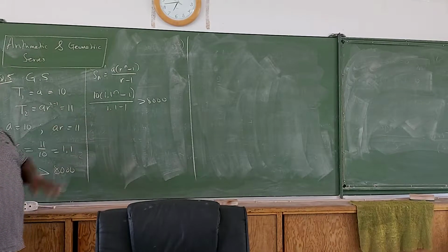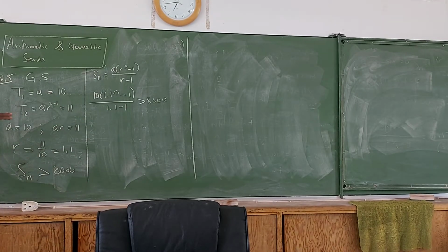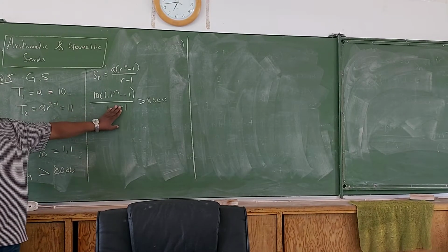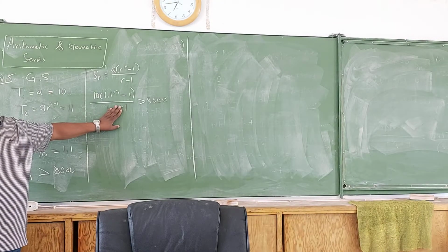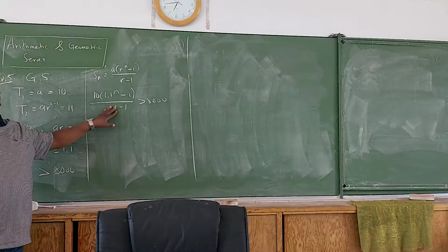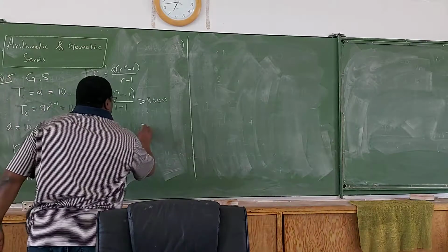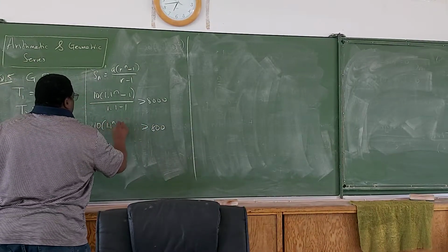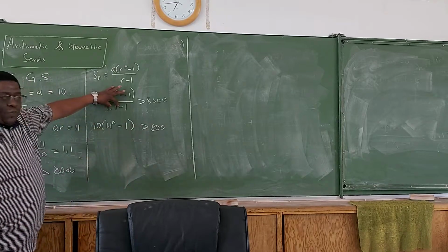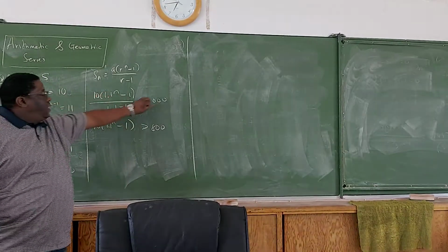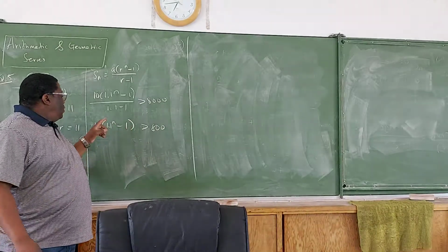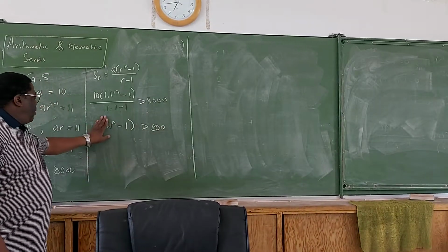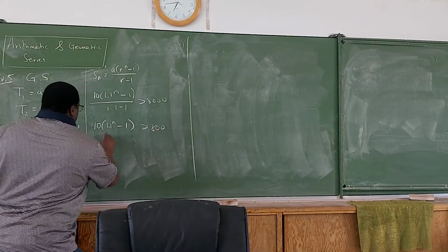Right, so if you are subtracting here, you get 0.1. And 8,000 times 0.1 gives you 800. 800 divided by 10 gives you 80.